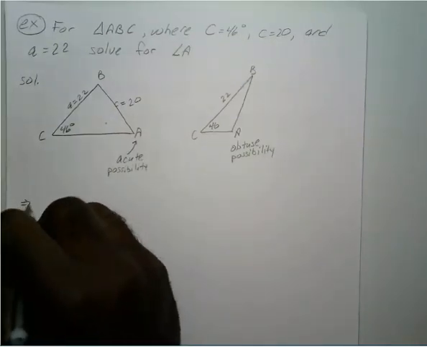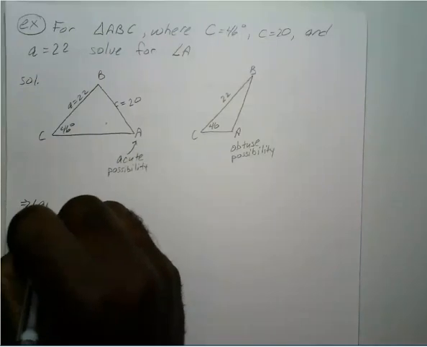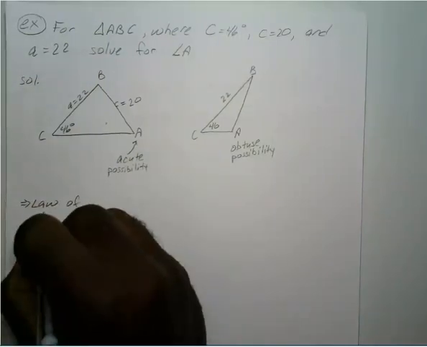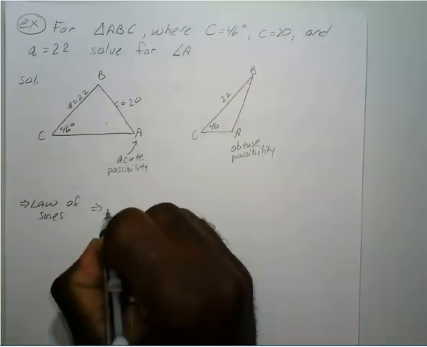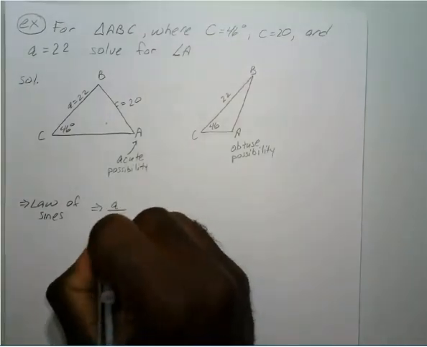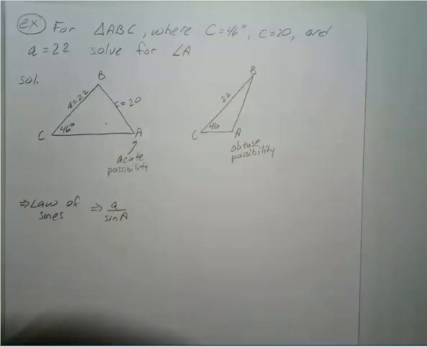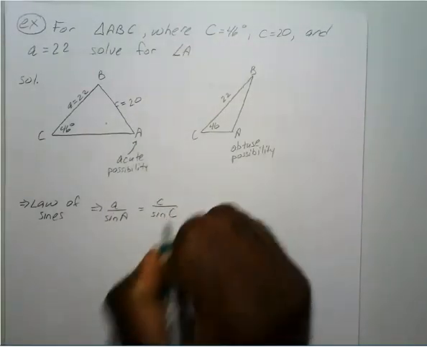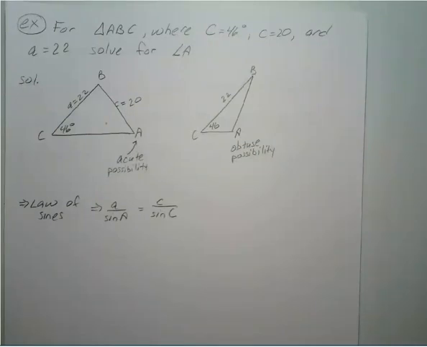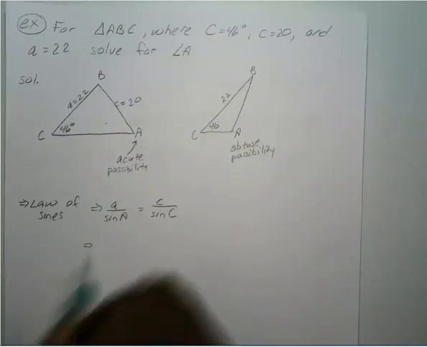Okay, so using the law of sines, we have a over sine of A is equal to c over sine of C. All right, so again, we go ahead and plug in all of our known values.